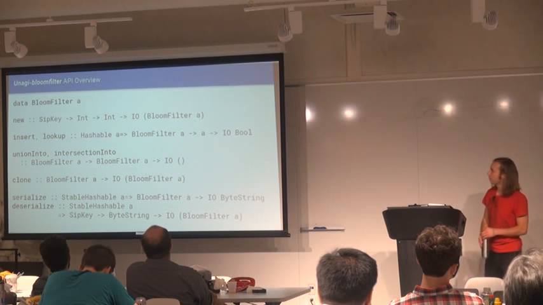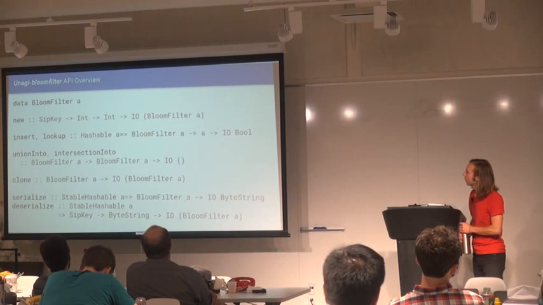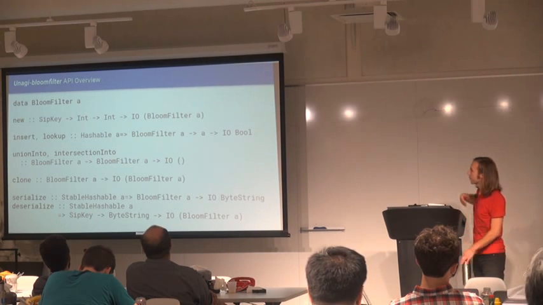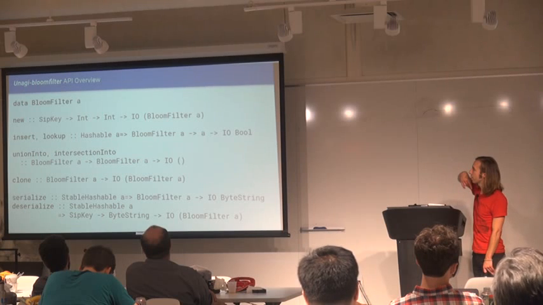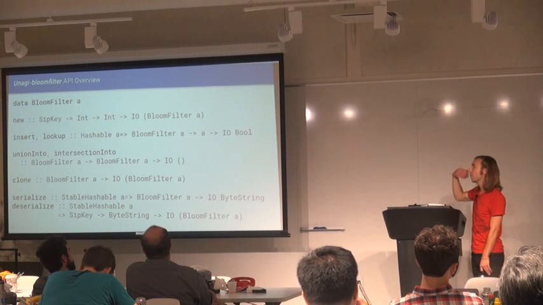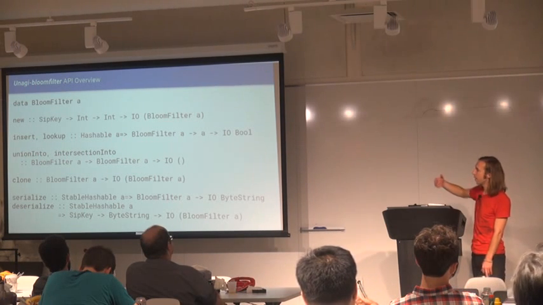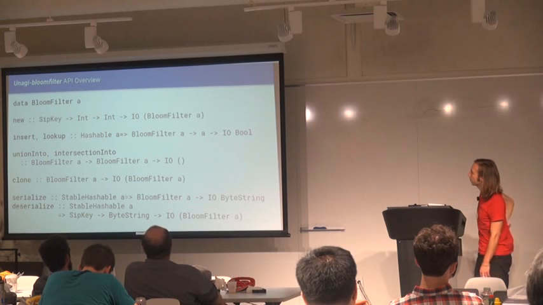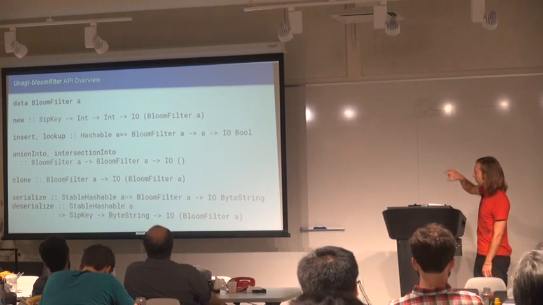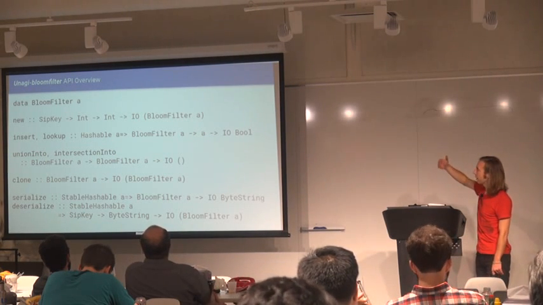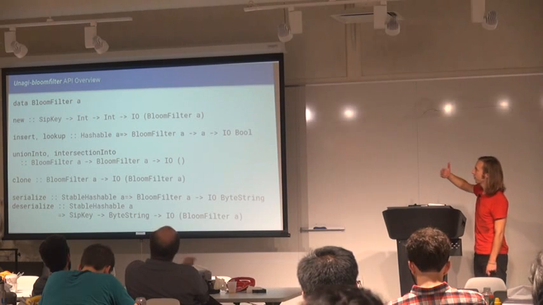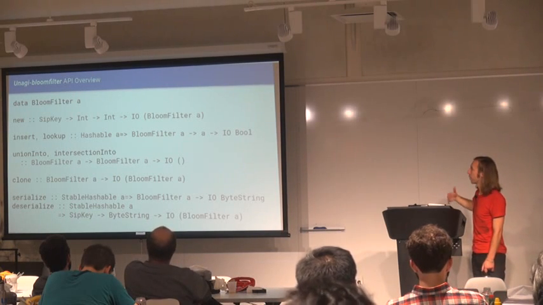So here's the API. To create a new Bloom filter, you pass it a SipHash key that will be used by our hash function, which is called SipHash, which I'll talk about later maybe. For insert and lookup, we give it an element that's hashable, which means we can hash it.